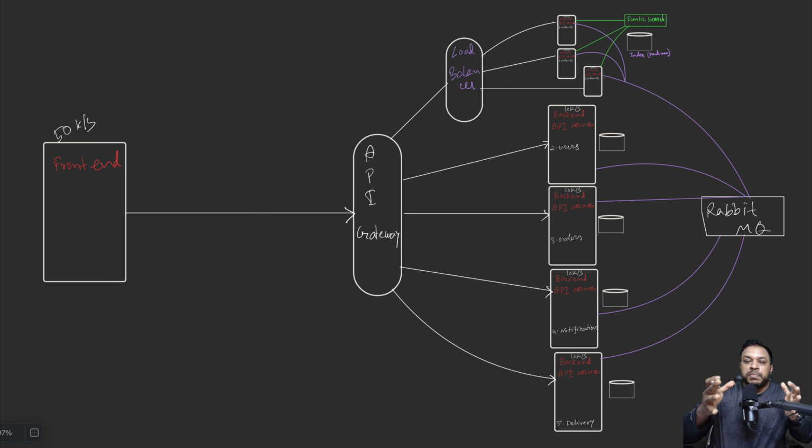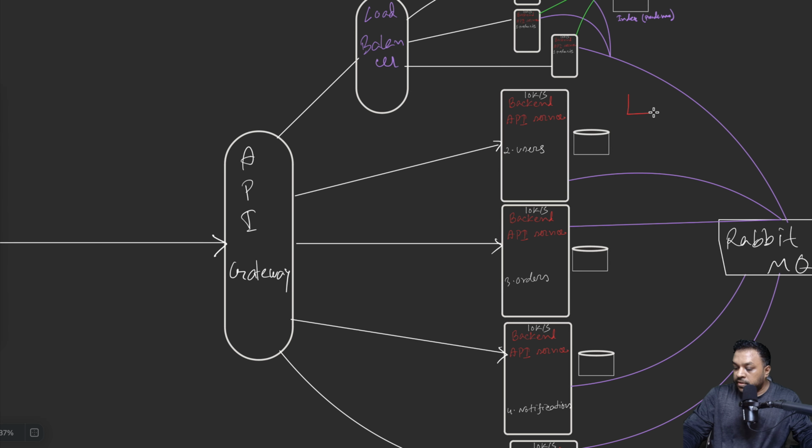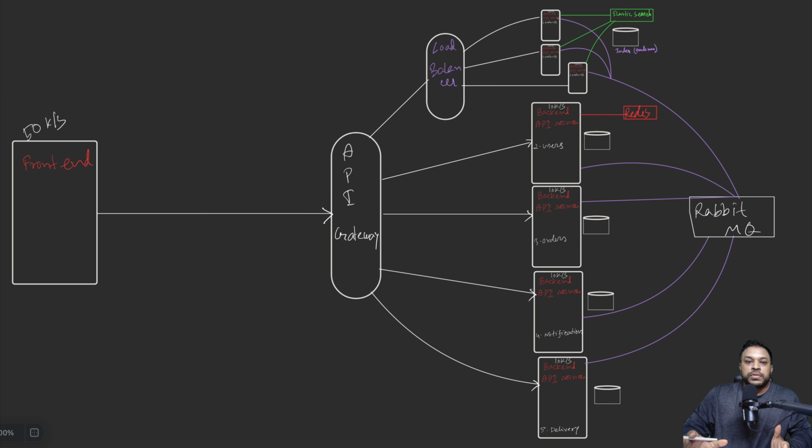Redis is basically an in-memory database, so it retrieves the data very fast and saves the data very fast. And as it is in memory, of course, it is volatile. So you can store temporary data in the Redis service. So let's use a Redis service here with our user service. Okay, so far so good. Now our system is more robust.